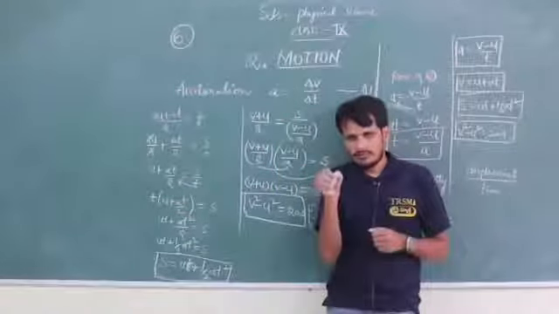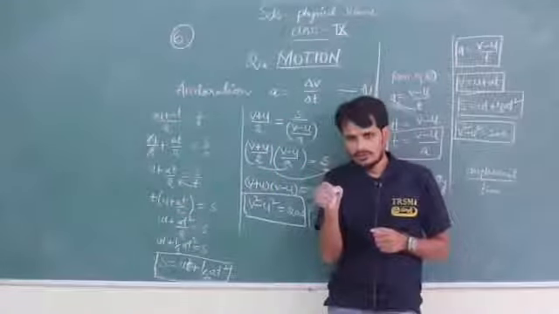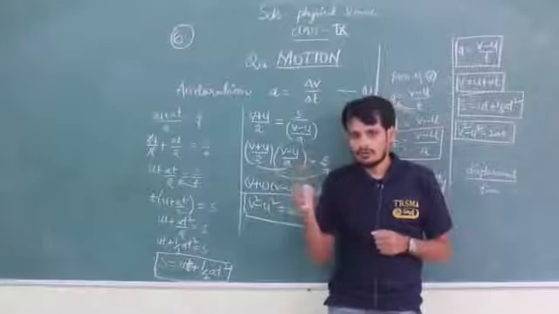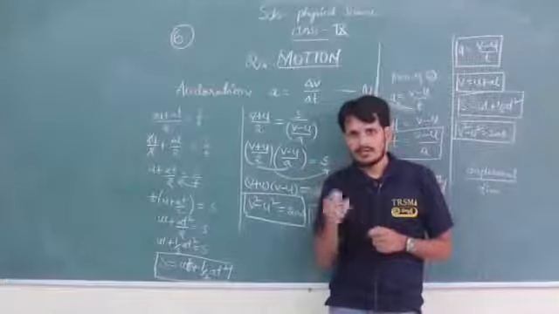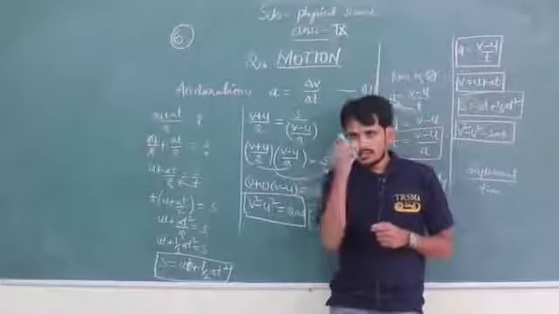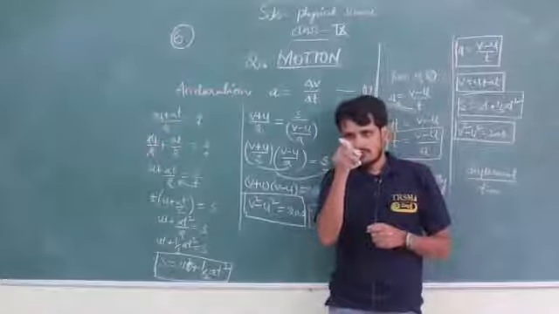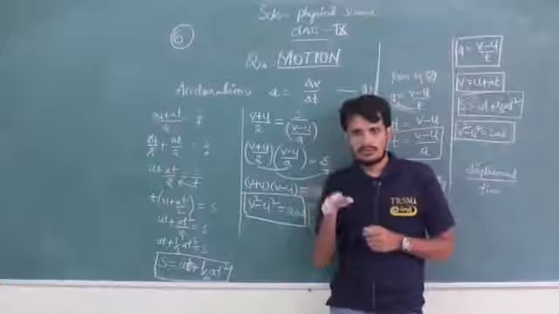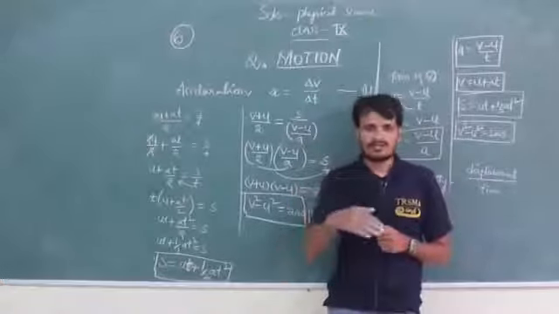But right now, we are going to show that on an inclined plane, the object comes down the slope and rolls along that path.